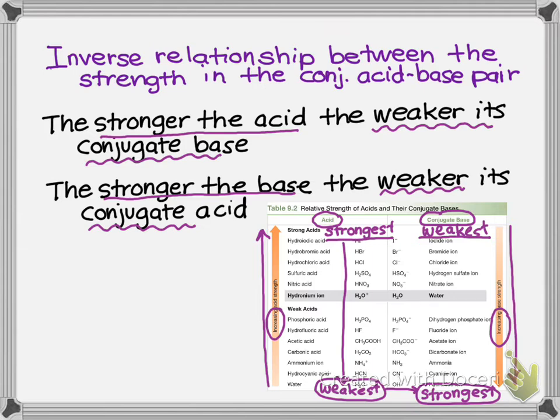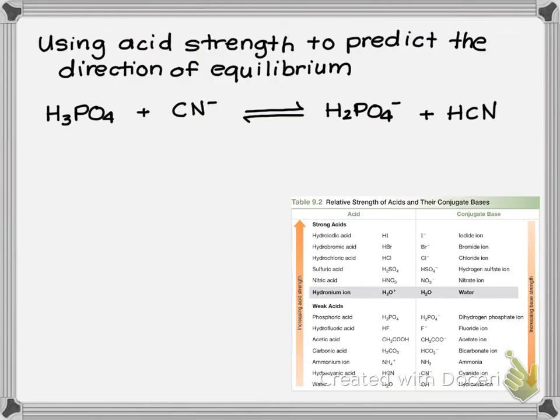Now we can use this relationship to help us predict equilibrium in an acid-base reaction. So here is an acid-base reaction, where it says using acid strength to predict the direction of the equilibrium. And remember, when we talk about equilibrium, we're asking: are there more reactants formed in this relationship? Are there more products? Or sometimes there could be a substantial amount of both.